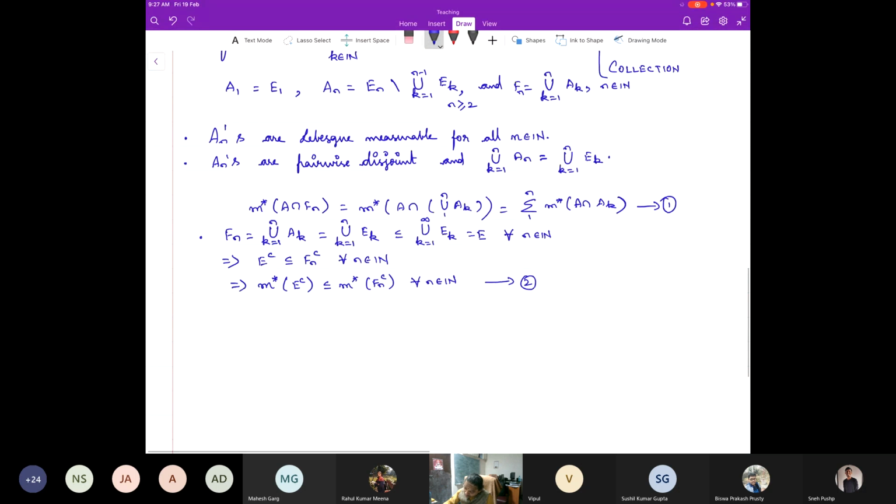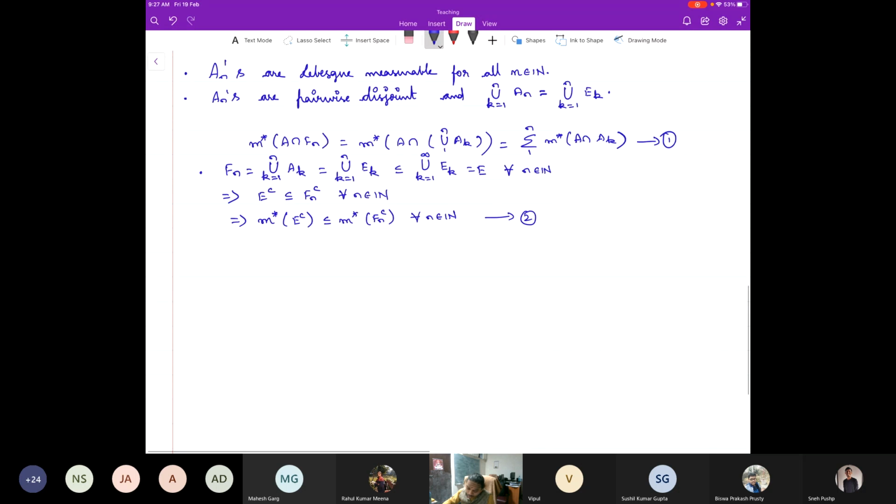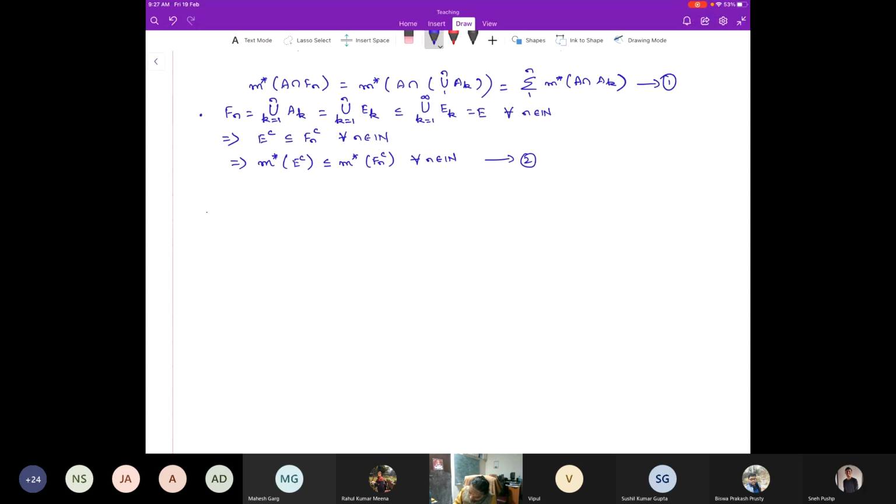Each AK belongs to script M and therefore Fn belongs to script M, and we have chosen an A subset of R. And therefore, because Fn is a Lebesgue measurable set, M star of A is the same as M star of A intersection with Fn plus M star of A intersection with Fn complement.